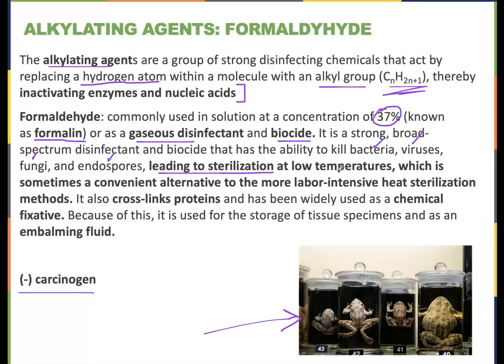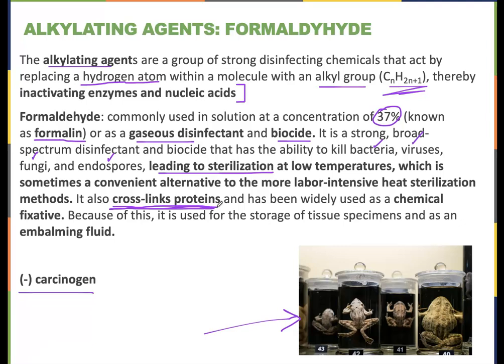Yeah, and it's a chemical fixative. So we look at these frogs that have been fixed. They're not only sterile, but the tissue hardens with formaldehyde. The chemical way of saying that is cross-linking proteins. The proteins cross-link with each other, basically forming a really strong bond.